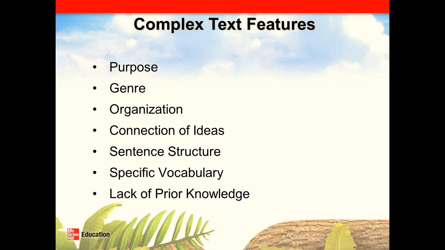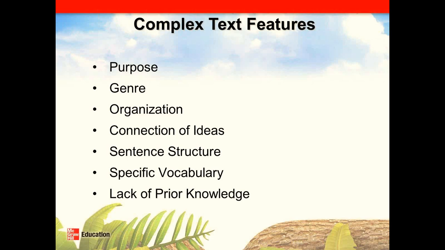Now that you have seen what makes text complex with your students based on complexity or level, you as a teacher still need to evaluate each specific text for things in that text that might pose problems for your students. In order to address them in your instruction, the first step is being able to identify what actually makes a piece of text complex.